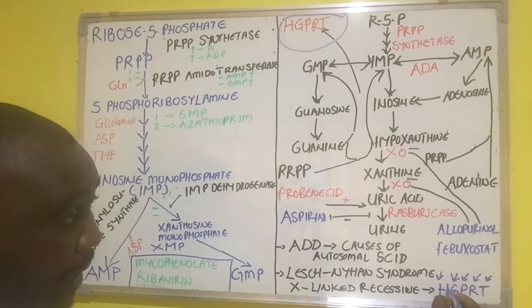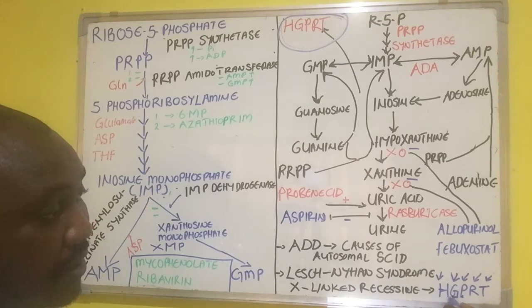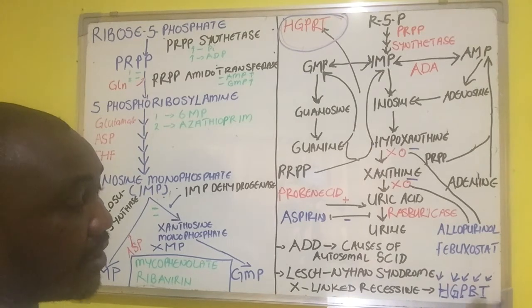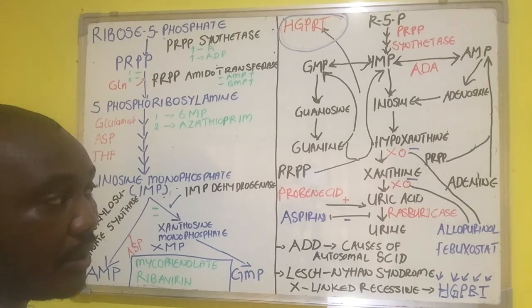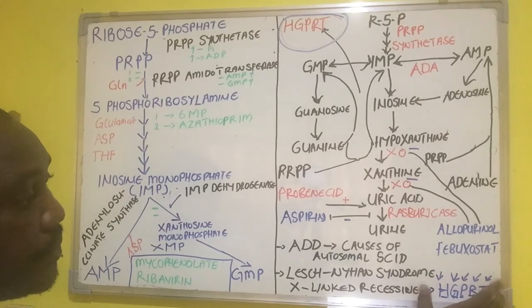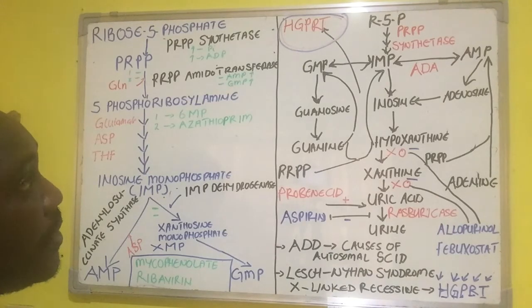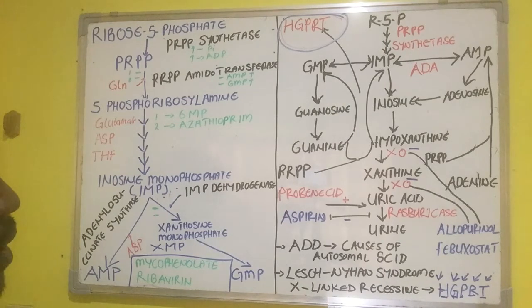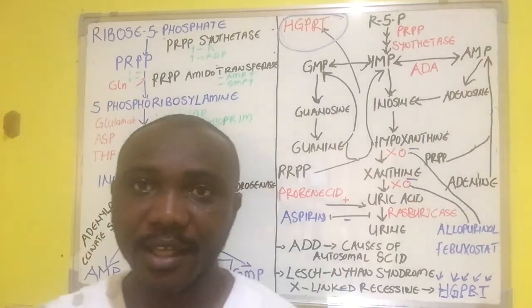Hyperuricemia, gout, excessive anger, which I remember as being pissed off, then retardation, which is a low IQ, then dystonia, which is uncontrolled twitching of your muscles.